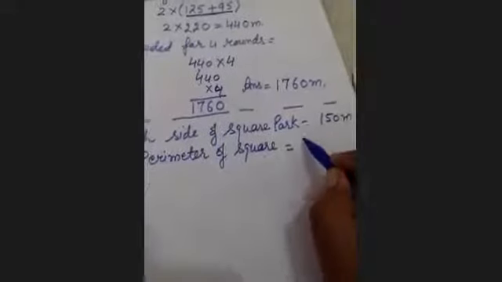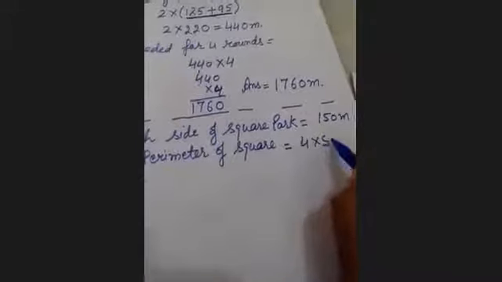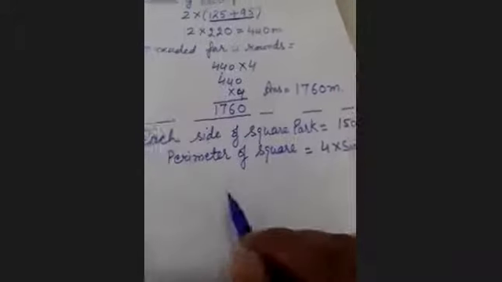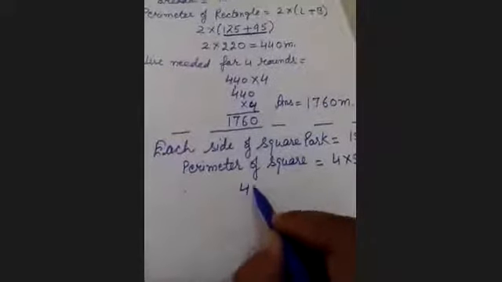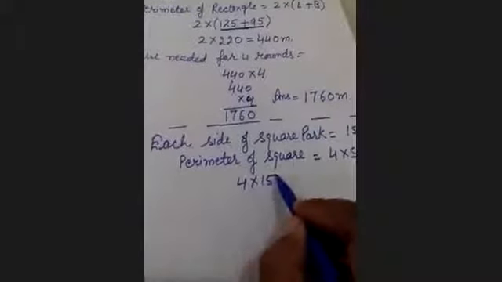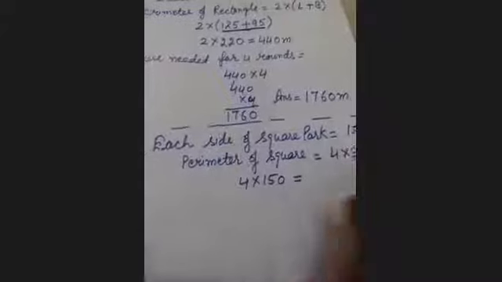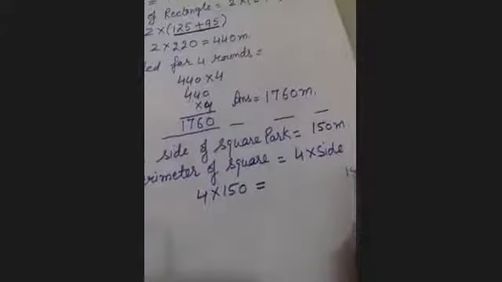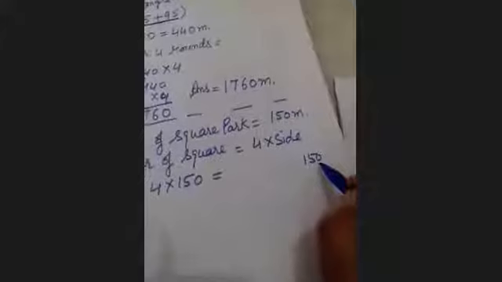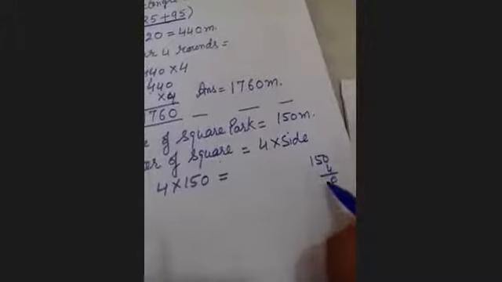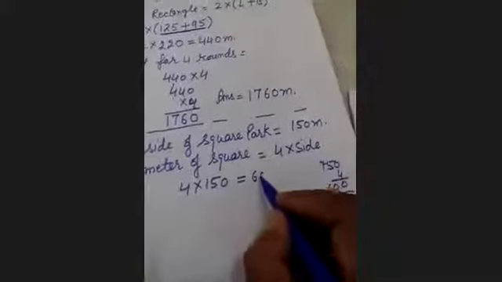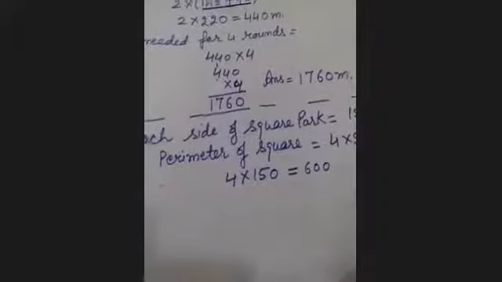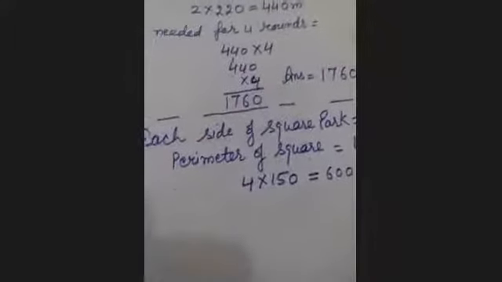That is 4 into side, 4 multiply 150. Now students, 150 multiply by 4, 5 4s are 20 and 4 1s are 4, plus 2, 6. That is 600 meter. So students, perimeter of this square park is 600 meter.